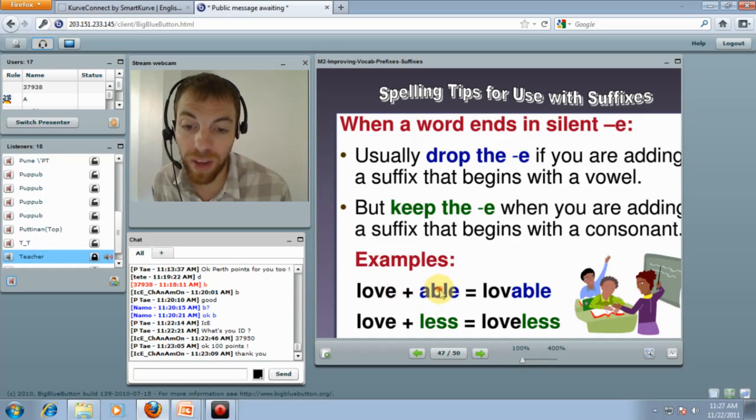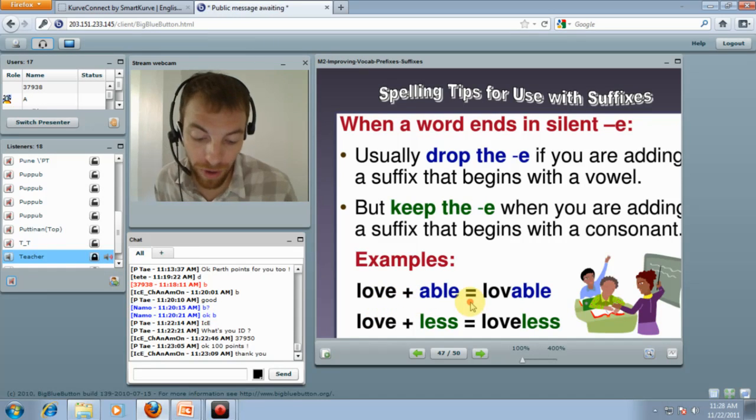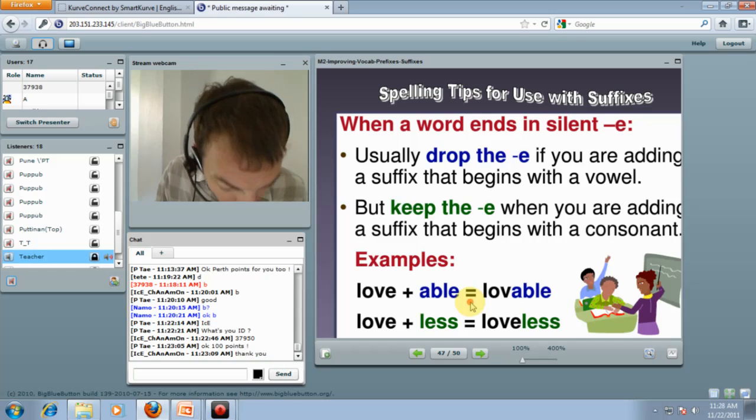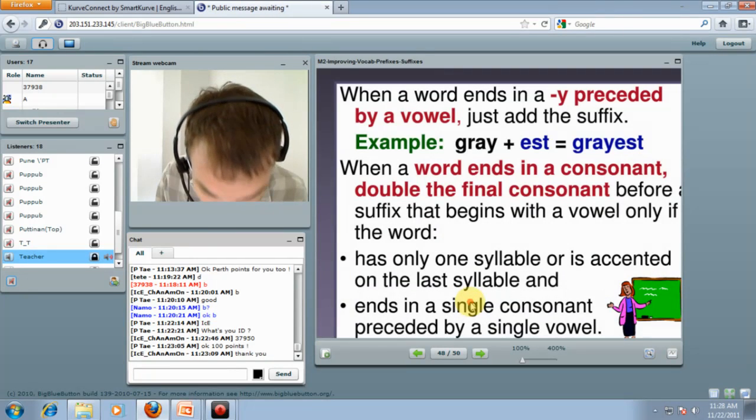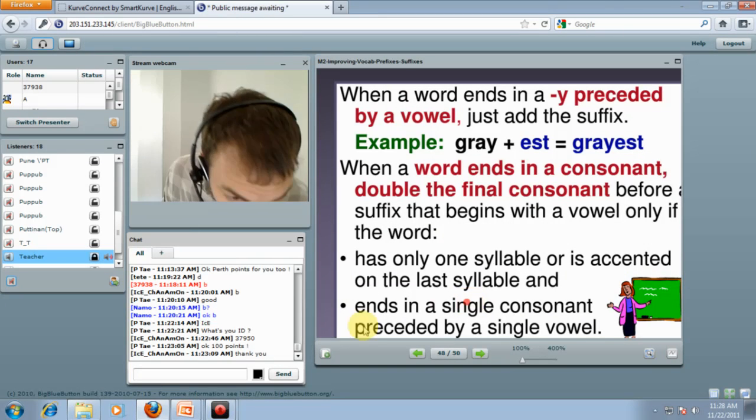The same as if we add -ed. Love plus -ed. We don't write L-O-V-E-E-D. Right? It's love and -ed.